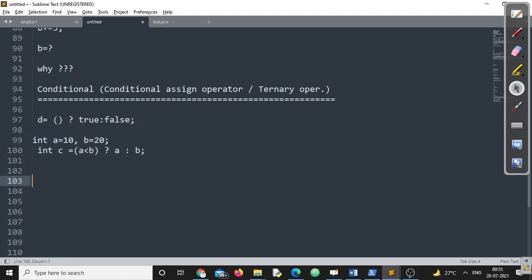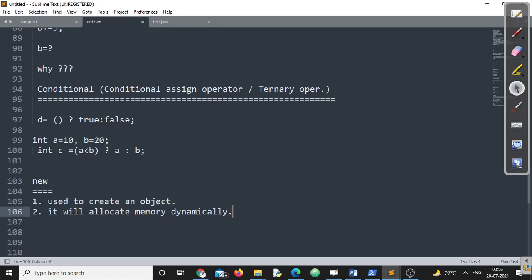Fine. Next, there is a small operator called new operator. Remember, we'll talk about this new operator once we go inside OOPS concept. The only thing you got to know about new is this operator is used to create an object. Or the second point you can say, it will allocate memory dynamically in memory.